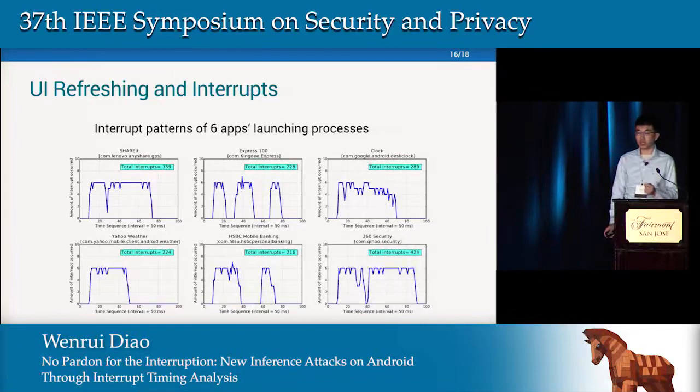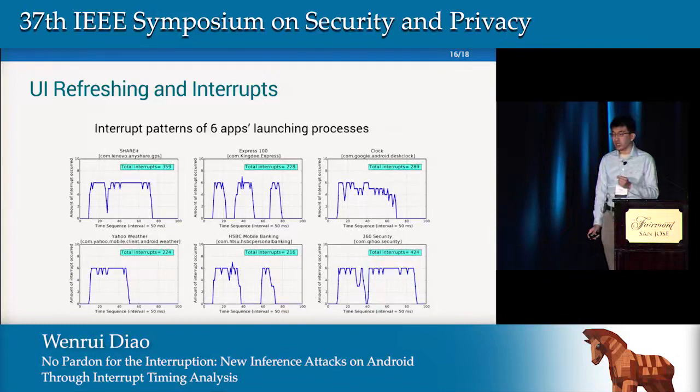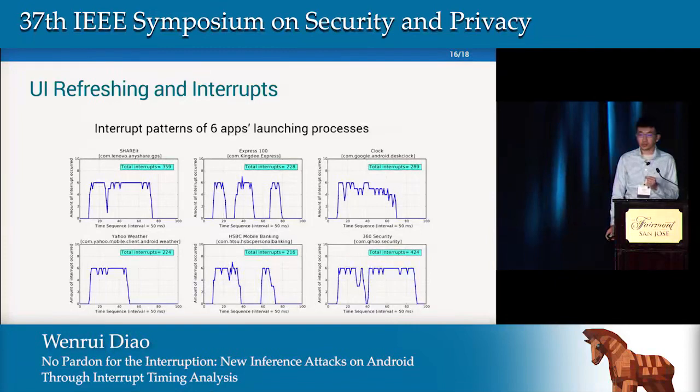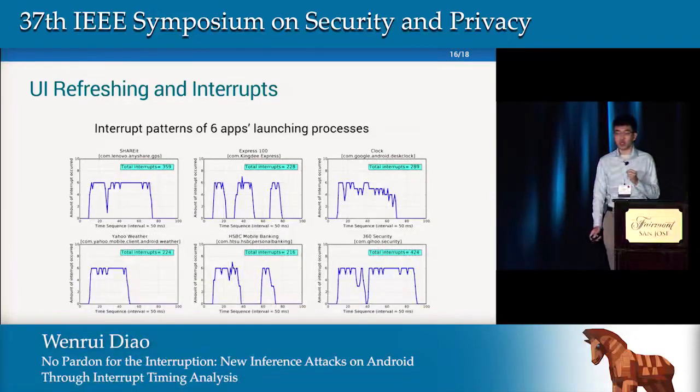We could find that even with human eyes, these patterns can be told apart easily. This phenomenon motivates us to model the UI refreshing process through interrupt timing analysis to identify the foreground application. For time limitation, I will skip the evaluation of this attack and only give the high-level idea.